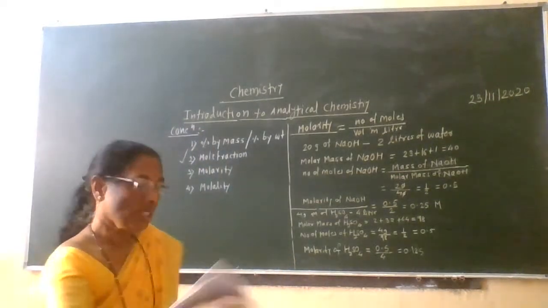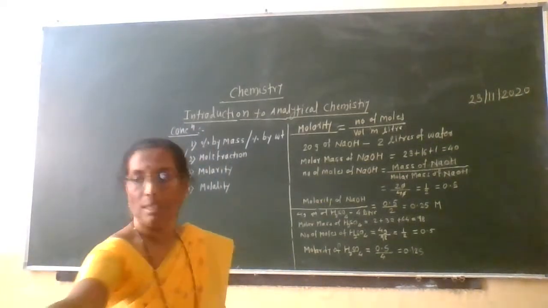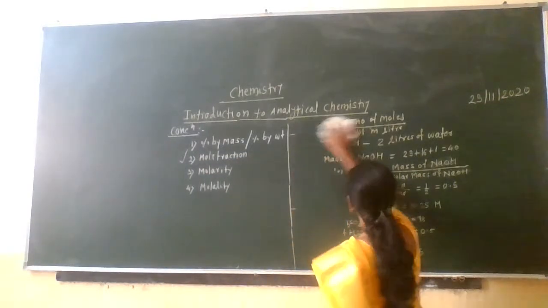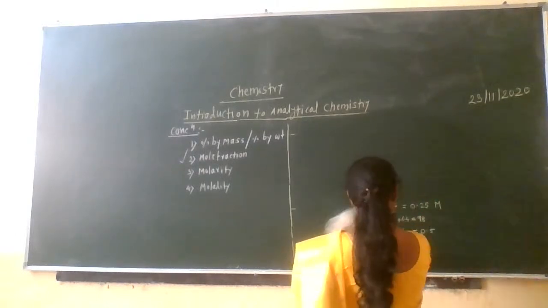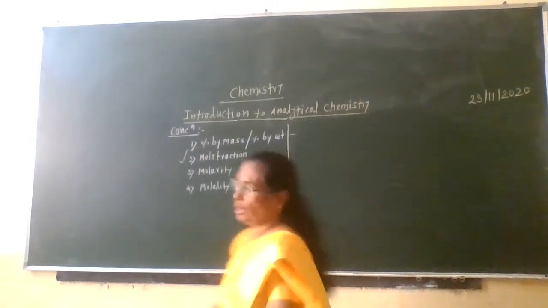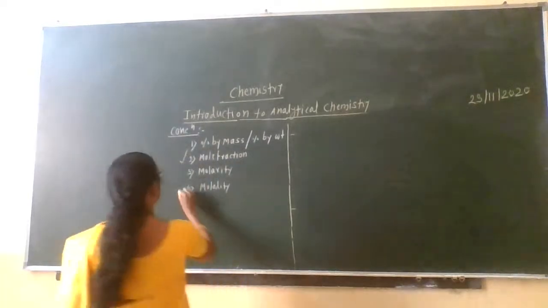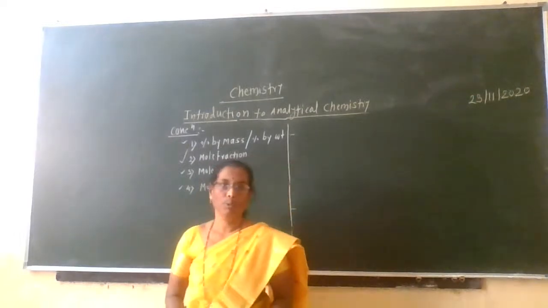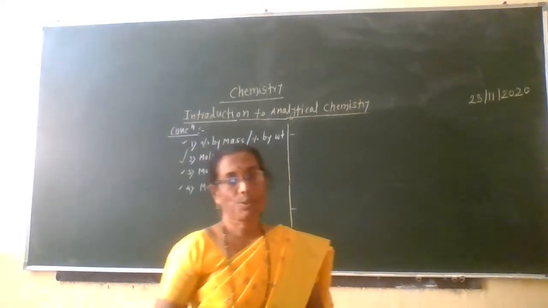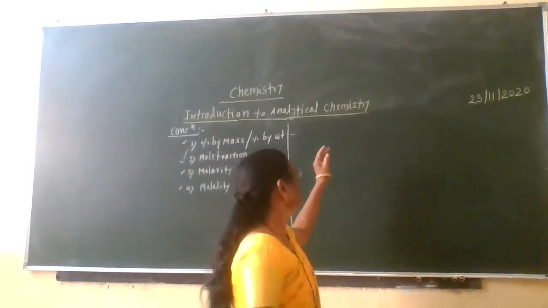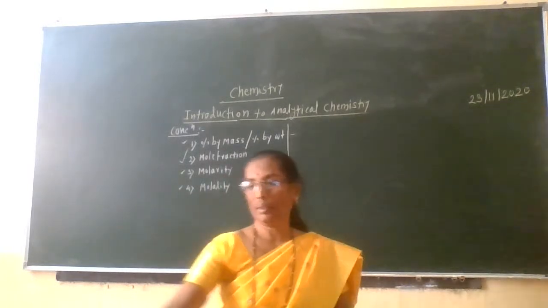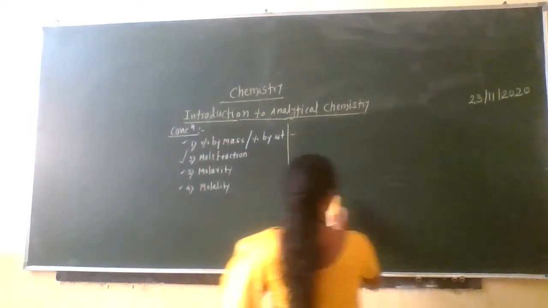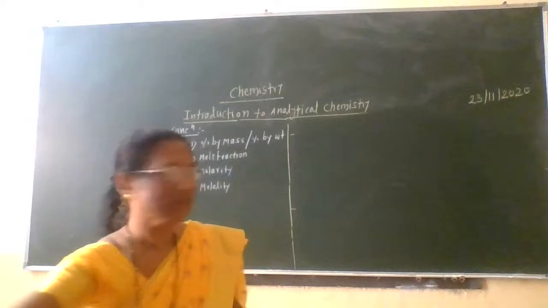Now the last one is the molality. That is the fourth way. Molality is nothing but the number of moles of the solute divided by the mass of solvent in kilogram. Mass of solvent in kilogram means what?